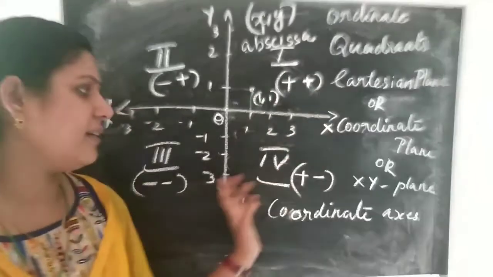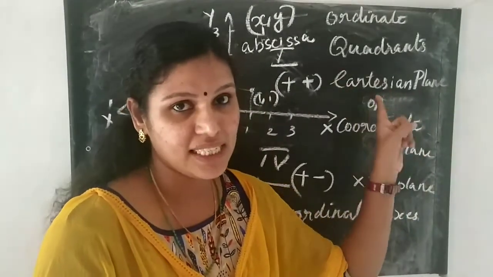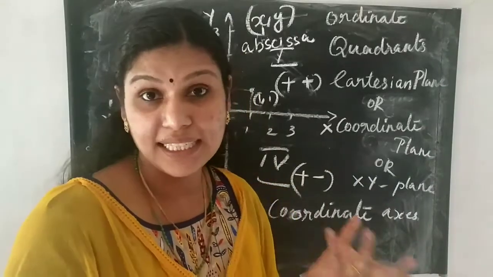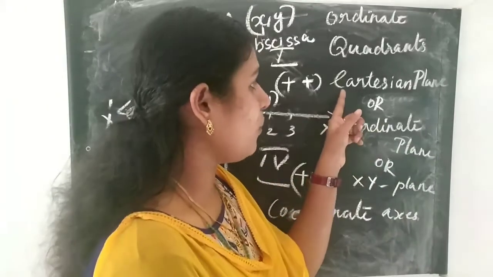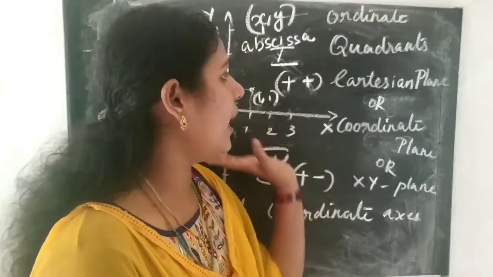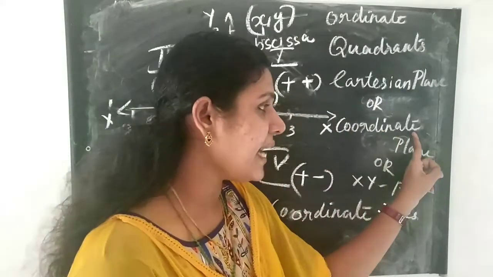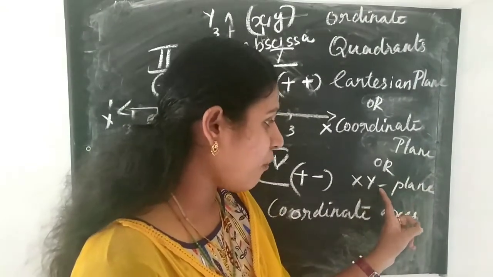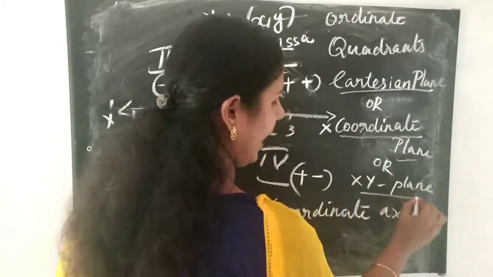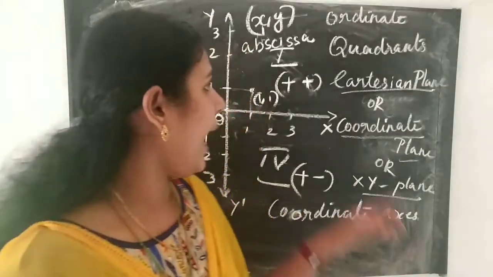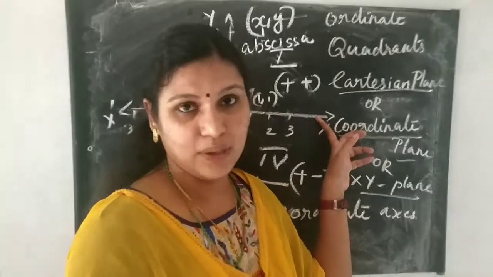And this full plane is known as the Cartesian plane, in respect of Rene Descartes, that philosopher and mathematician. We call the plane the Cartesian plane, coordinate plane or xy plane, and the axes are known as coordinate axes.